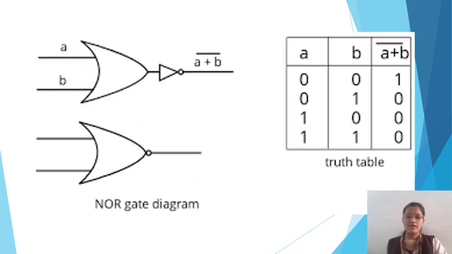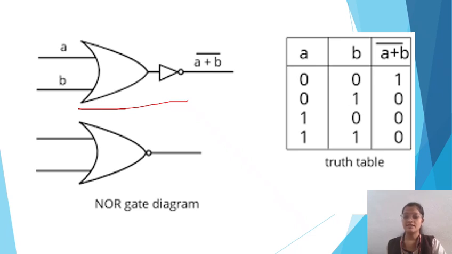As we saw, the NOR gate is the combination of an OR gate and a NOT gate. It means OR-NOT. Output becomes Y is equal to (A plus B) whole complement. If we take the inputs A 0, B 0, then the output becomes 0 plus 0, 0. 0 complement is 1.